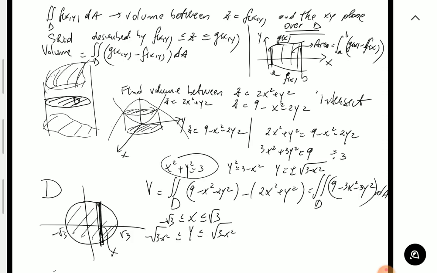Therefore, in terms of Fubini's theorem, this would be the integral from minus root 3 to root 3, integral from minus square root of 3 minus x squared to square root of 3 minus x squared, of 9 minus 3x squared minus 3y squared, dy dx.